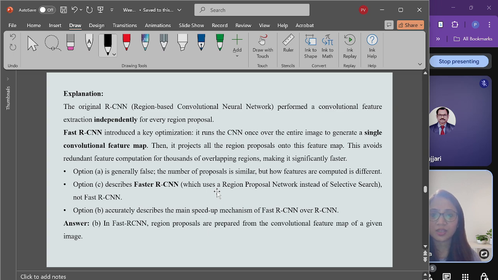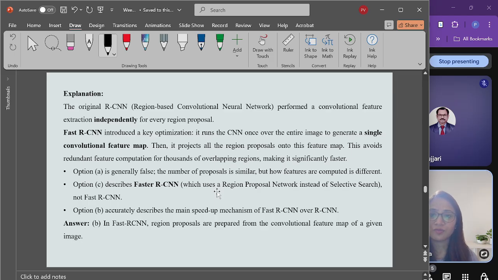Then it projects all the region proposals onto this feature map. This avoids redundant feature computation from the thousands of overlapping regions, making it significantly faster than RCNN. Option A is generally false because the number of proposals is similar, but how features are computed is different.